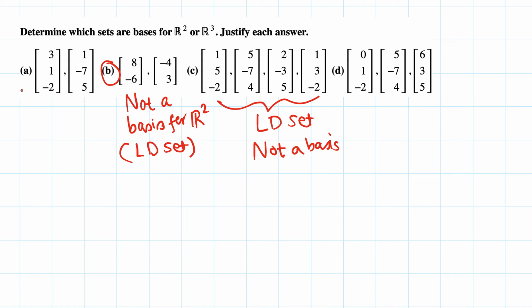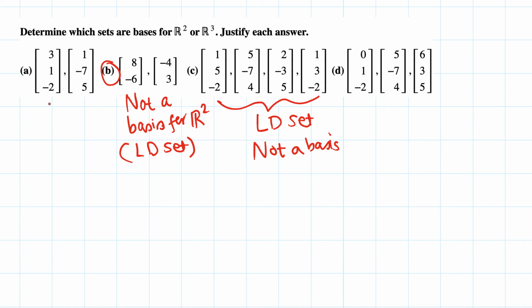In part A, we got only two vectors. Then we can check linear independence or dependence by checking if one vector is a constant multiple of another. 1 times 3 is 3, but -7 times 3 would be -21.